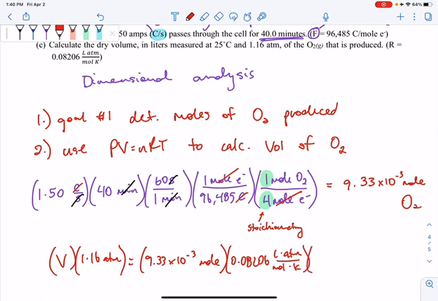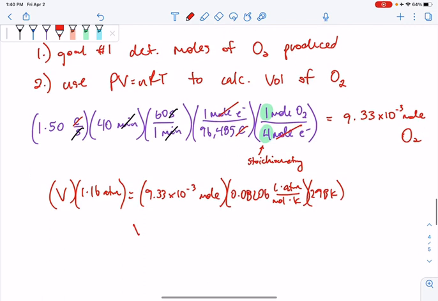And it gives us a temperature of 25, which is 298 Kelvin. So just solve for volume. Let's do that in the calculator really quick: 9.33 times 10 to the minus 3 times 0.08206 times 298, divided by 1.16.